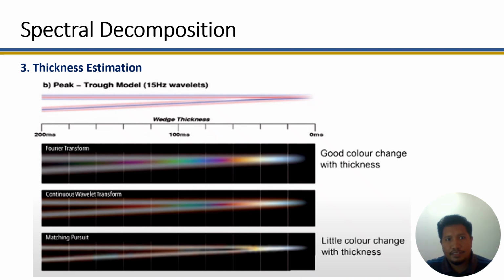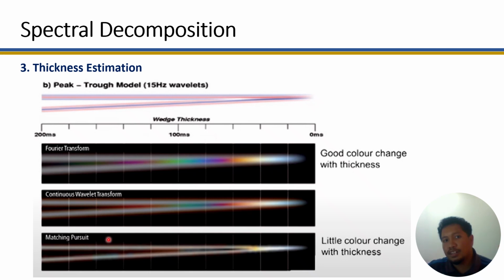The third example that I would like to show you is how we can use frequency to estimate thickness. This is where a technique like the Fourier transform really helps us, because you get very good frequency resolution. If we look at the simple wedge model here, we can see the difference in the RGB blends of the Fourier transform, CWT, and also matching pursuit.